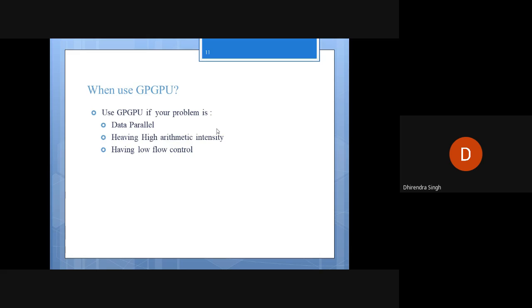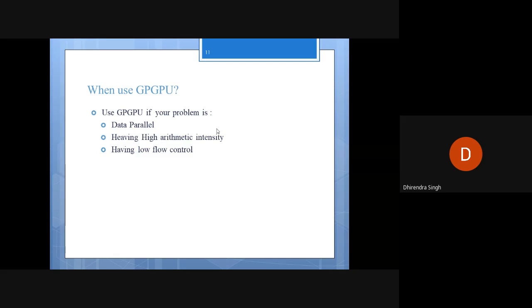Because in a GPU, ultimately all the threads are going to execute the same instruction at any time. If you have multiple if and else conditions, and you have created 1,000 threads, and the if condition is true for only 10 threads, then those 10 threads will execute in parallel whatever you have written inside the if condition, and all the other 990 threads will be in a wait condition.